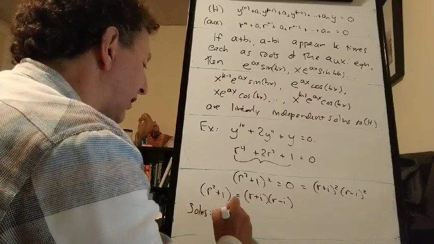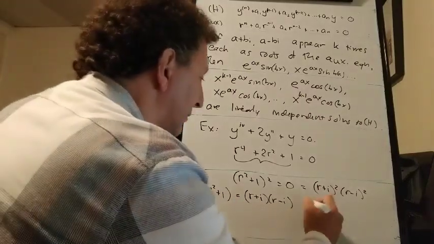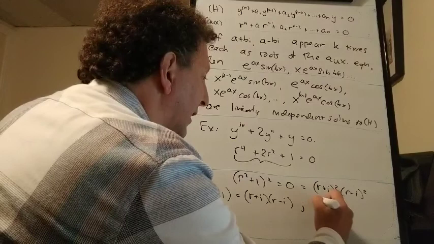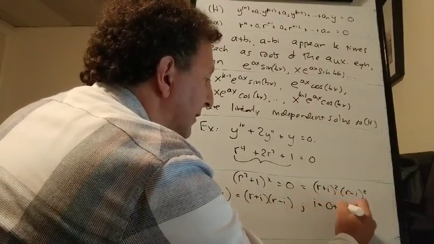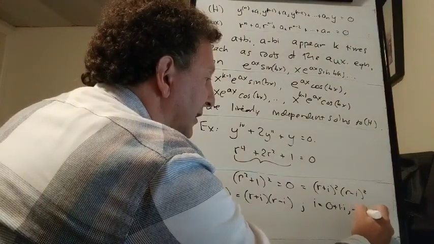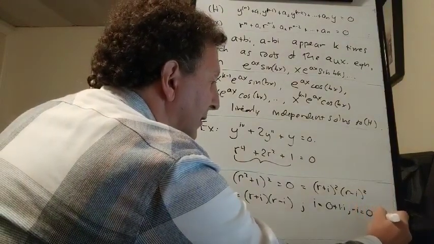So the solutions are now i equals 0 plus 1i, and negative i equals 0 minus 1i.